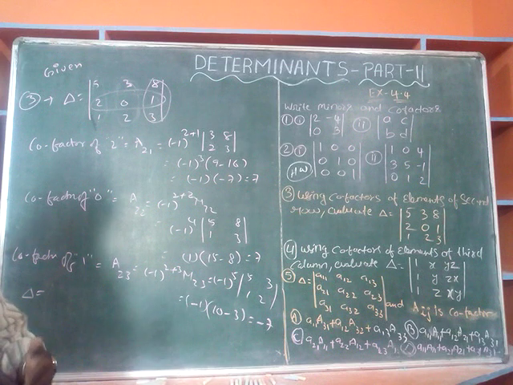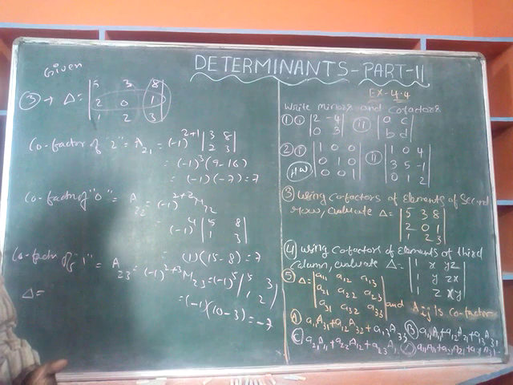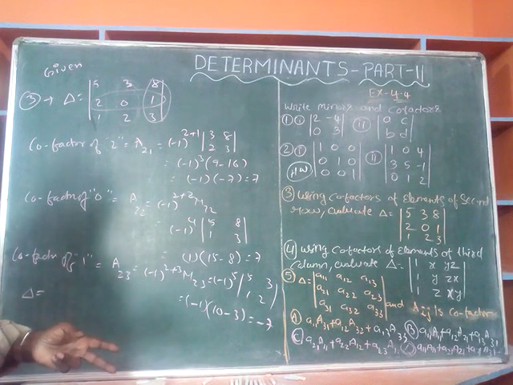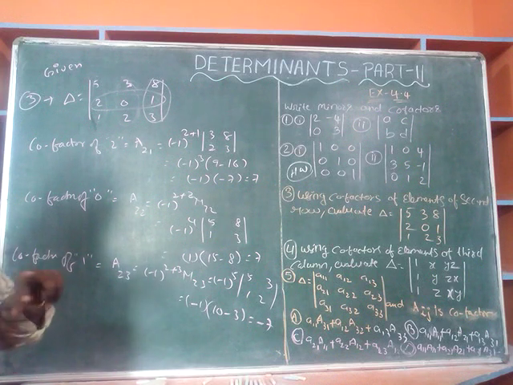Try to understand: the sum of products of the elements of any row or any column of the given matrix multiplied with the corresponding cofactors.